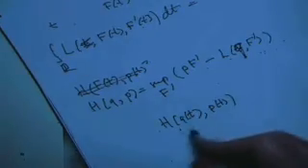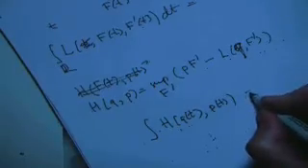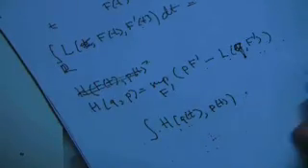Now I plug in two absolutely unrelated functions, q of t and p of t, and consider the following expression: q prime of t, p of t, dt.